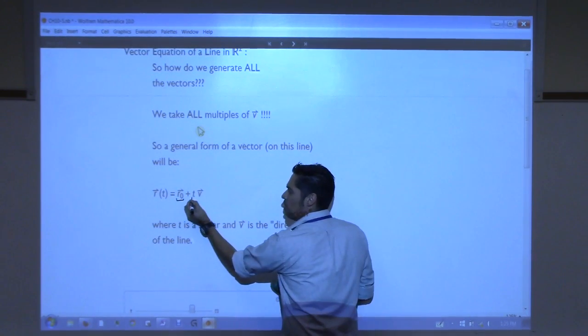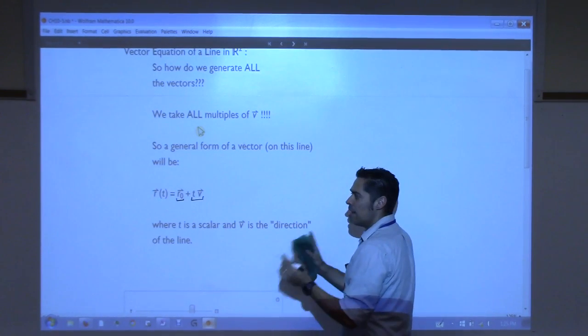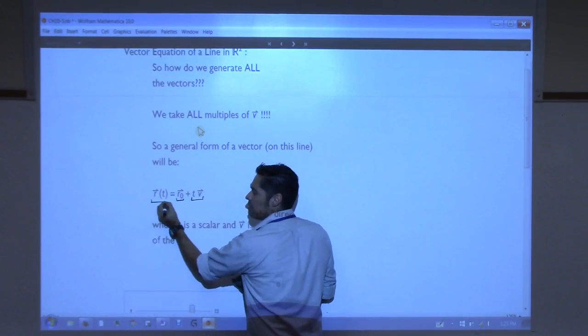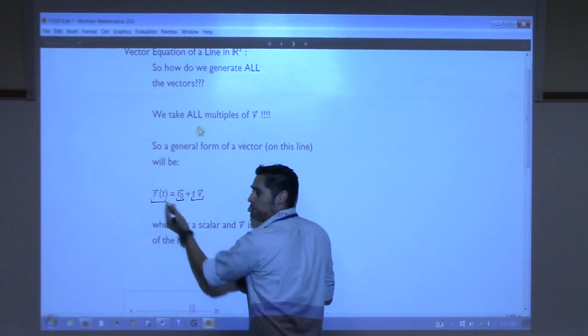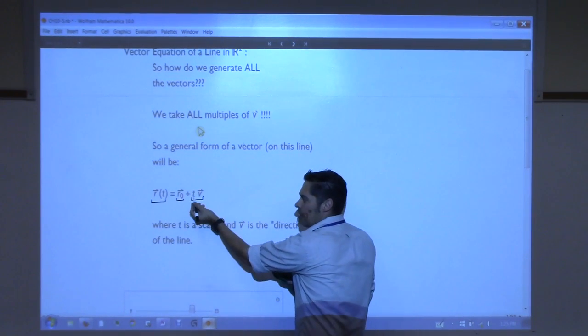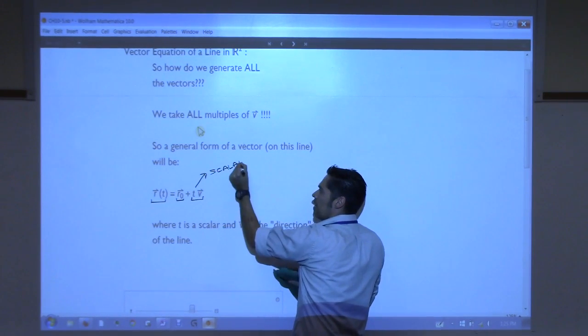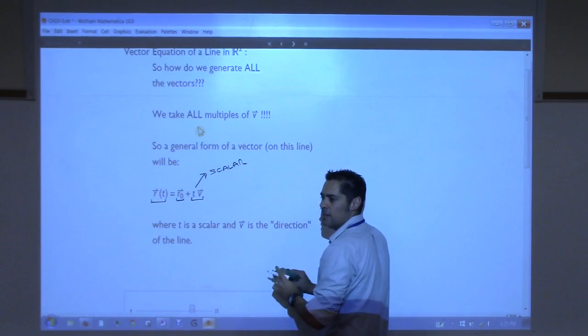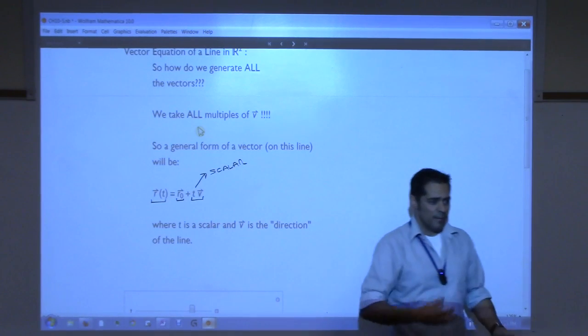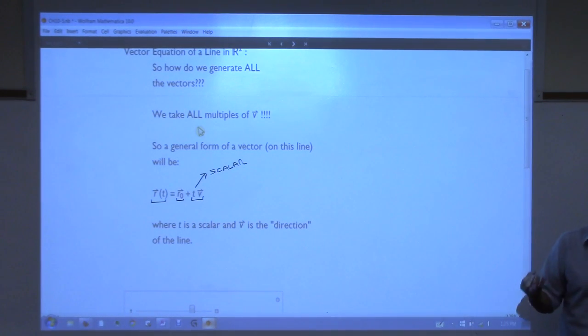I'm going to add to it multiples of v. When I do that, it's going to spit out a new vector, isn't it? That new vector depends on what? The number I put in front, right? This is my scalar. It depends on what I scale v by. So in other words, the output is a function of t. It's a function of that scaling.